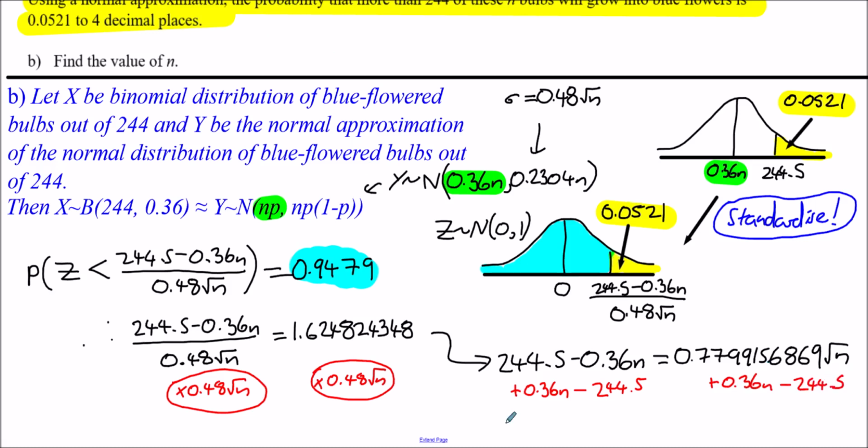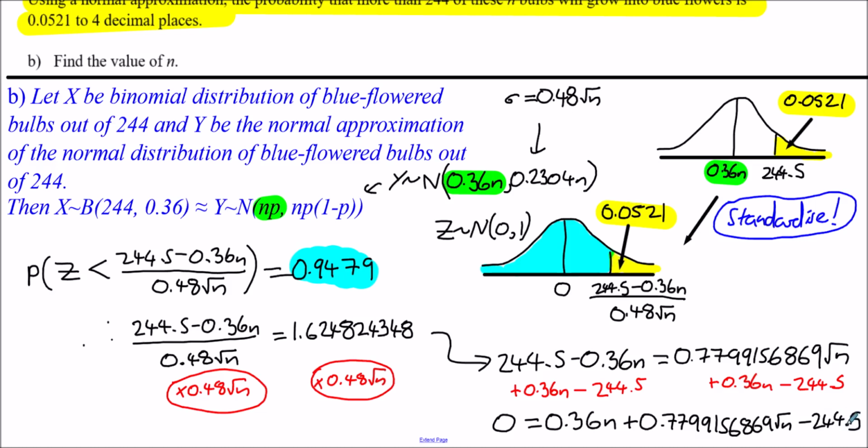I'll then get that 0 equals 0.36n plus 0.779916 root n minus 244.5.